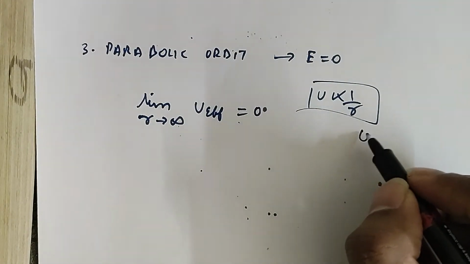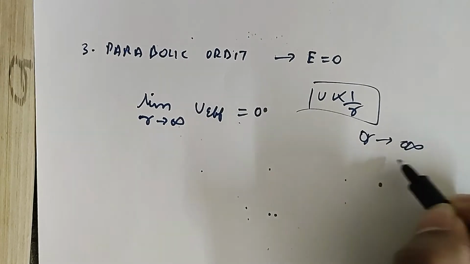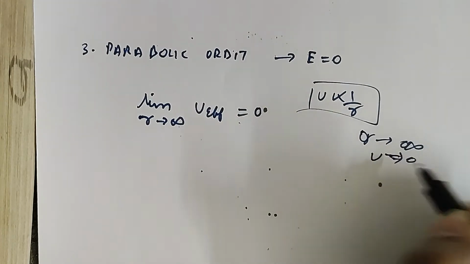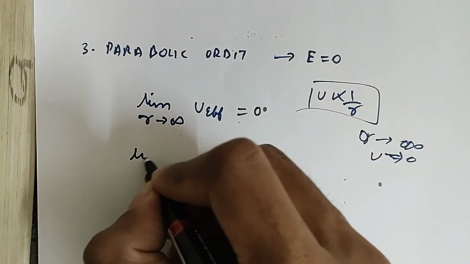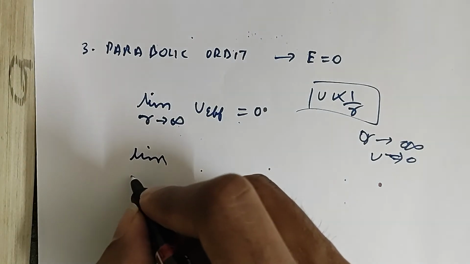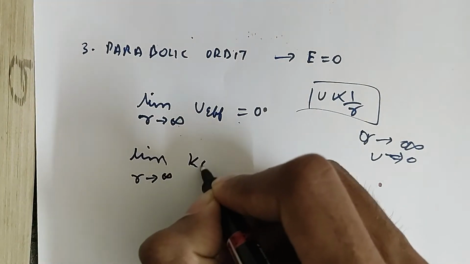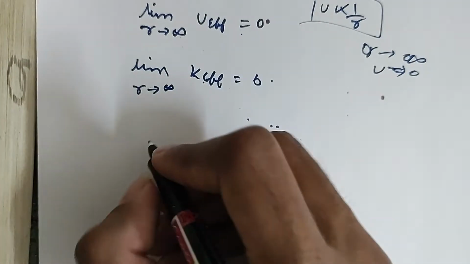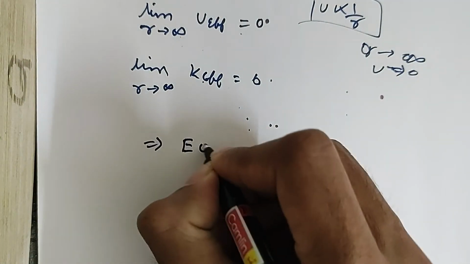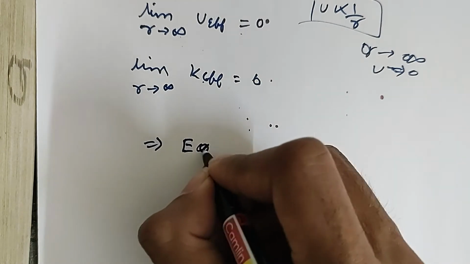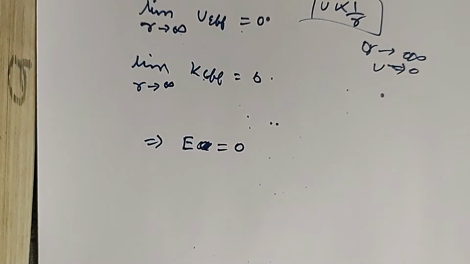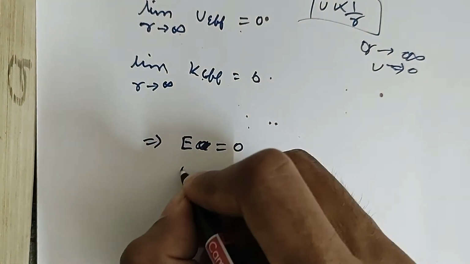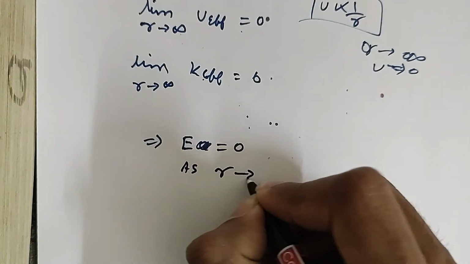So if r tends to infinity, my u would tend to 0. Similarly, the limiting kinetic term would give me 0. Thus, my energy will be equal to 0 in the parabolic orbit as r tends to infinity.